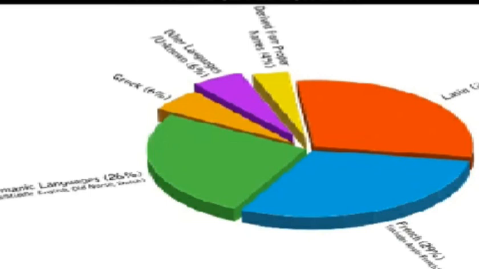So 26% of Germanic words have been included in English, 6% Greek words, 4% from some other languages, 6% from other and unknown languages, 29% Latin, and 29% French.